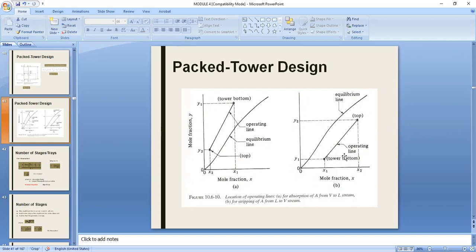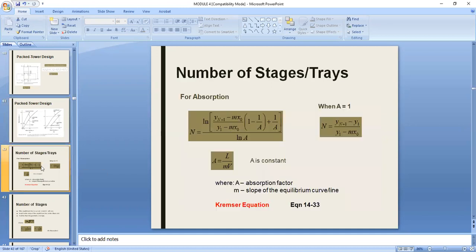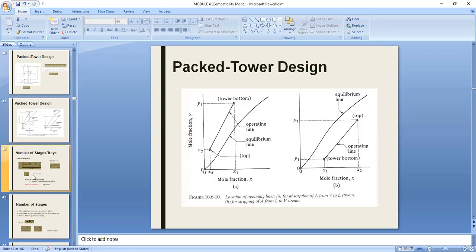In terms of the location of the operating lines, how are they plotted? You use X1, Y1, X2, Y2 as the coordinates. Now, how do we determine the number of stages? We will not, of course, discuss the graphical approach. This is just pinpointing to you the location.